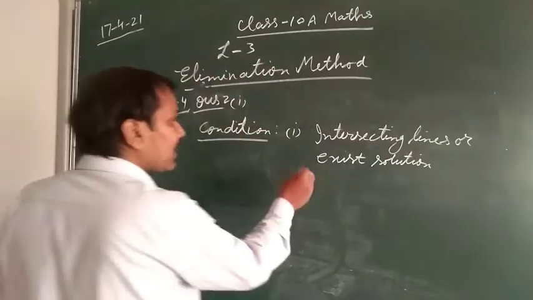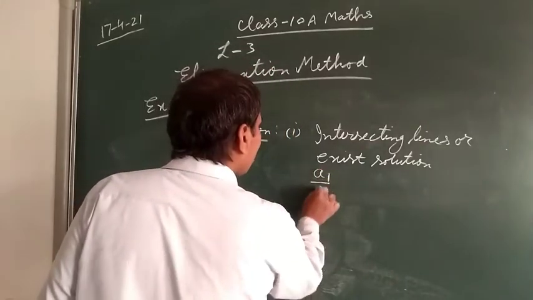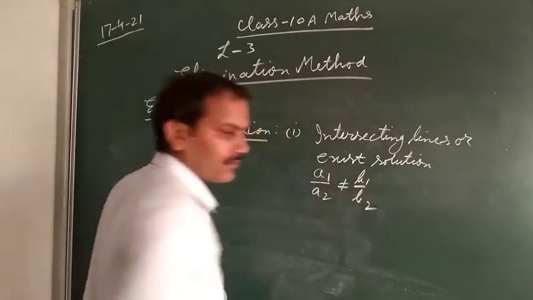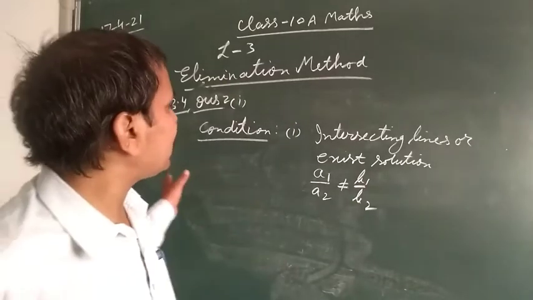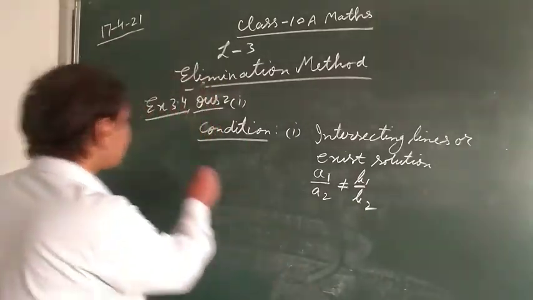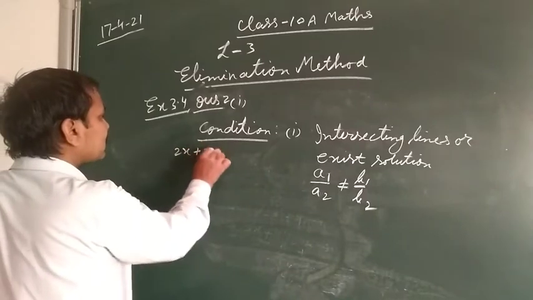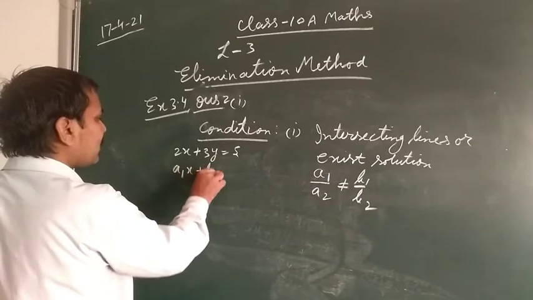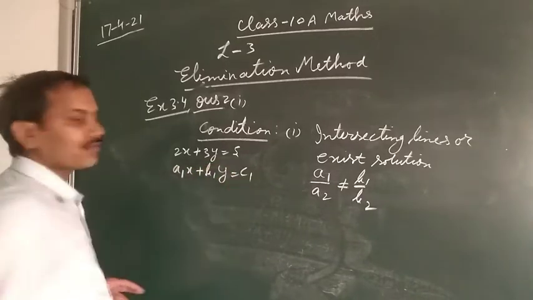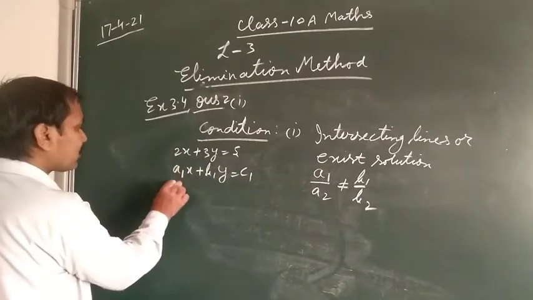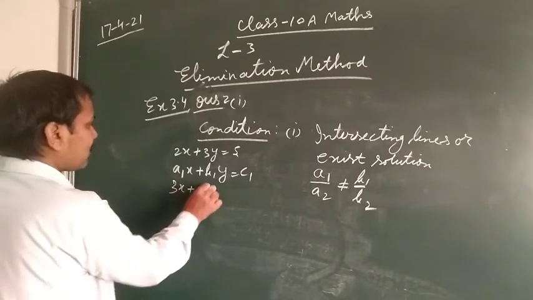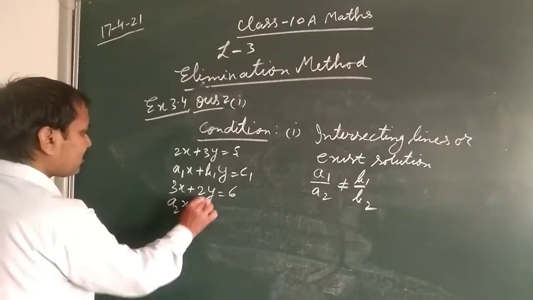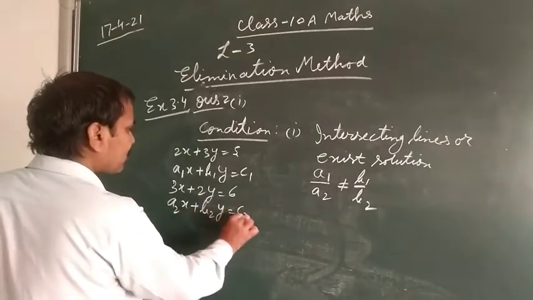Clear? So for that condition, a1 upon a2 is not equal to b1 upon b2. Suppose the equation given is 2x plus 3y equals 5. You compare it with a1x plus b1y equals c1. And one more equation, suppose 3x plus 2y equals 6. Compare it with a2x plus b2y equals c2.